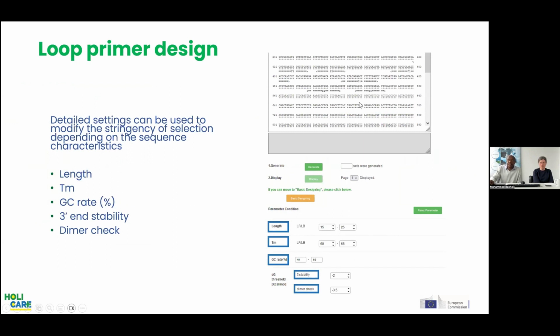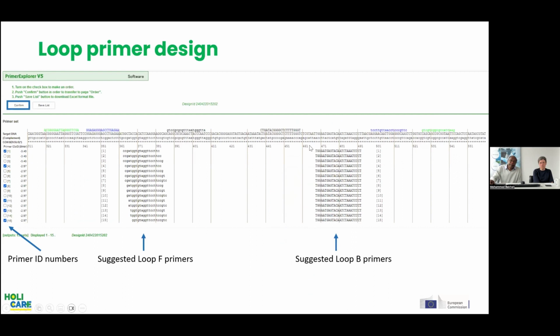And we have studied that region, and in fact, the GC rate of that place was a little bit less than this 40. So if you would just reduce this a little bit to 38 or something like that, and if you would accept 1 degree less here with your melting temperature, and you attempt the design again, you see that this time there is a suggested loop B primer for you.